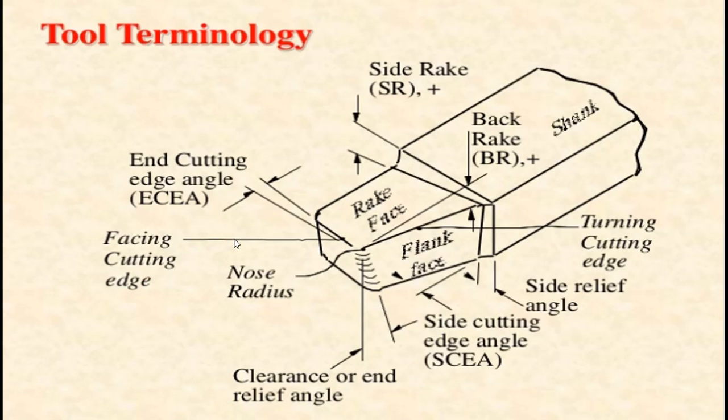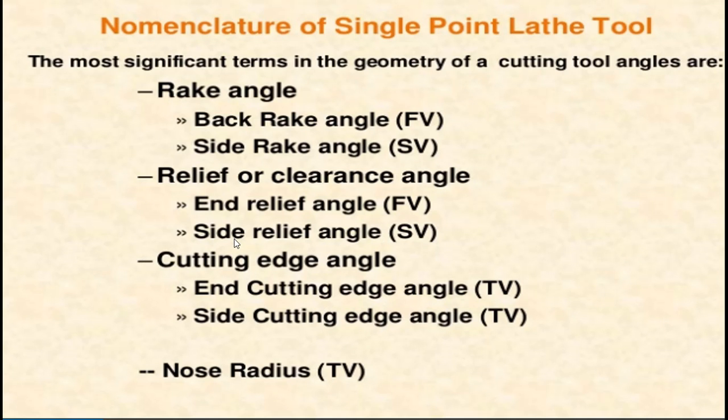Next we have the terminology of the single point cutting tool. There are various angles included in the nomenclature of a single point cutting tool. They are considered while designing any single point cutting tool, as they affect the tool life and cutting operations. One by one, we will see each of them.